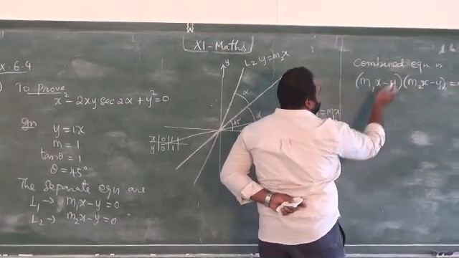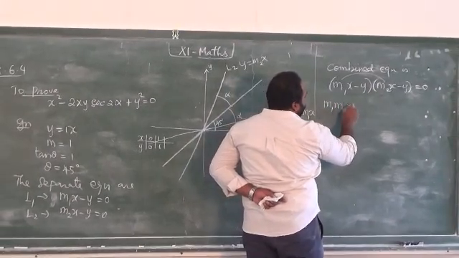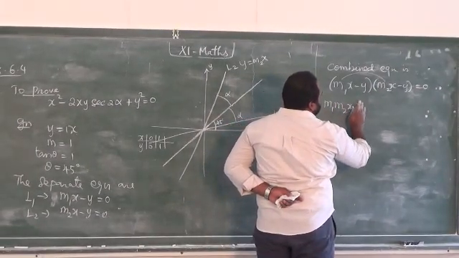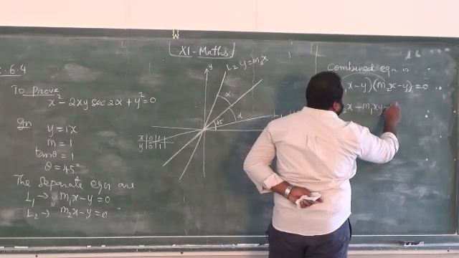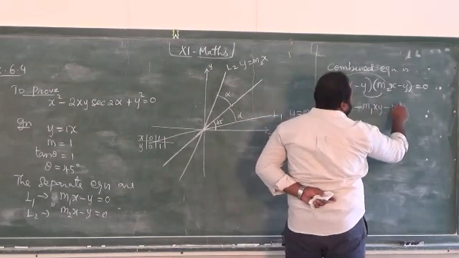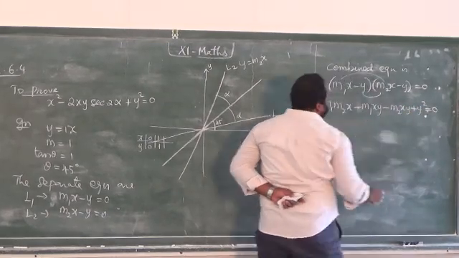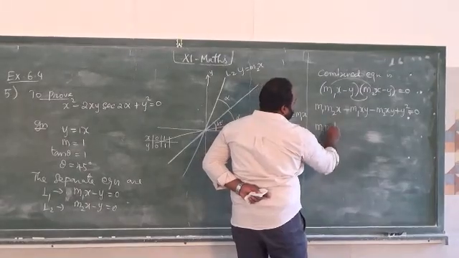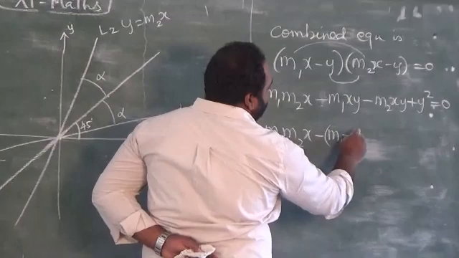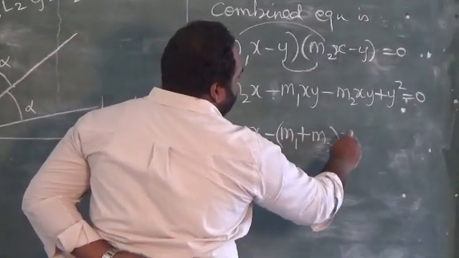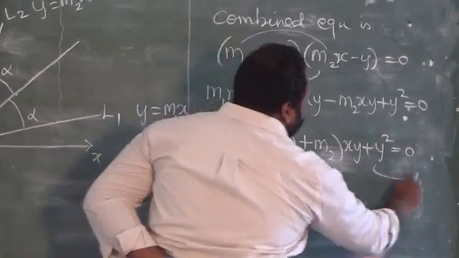Multiply every term: m1 m2 x square, then minus m1xy, next minus m2xy, minus into plus equal to 0. m1 m2 x square minus (m1 plus m2) xy plus y square equal to 0.